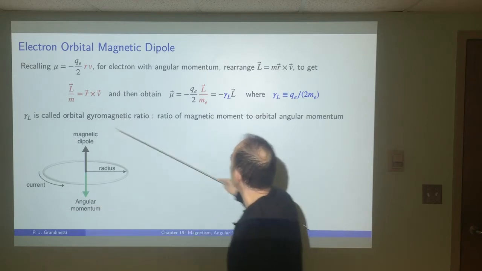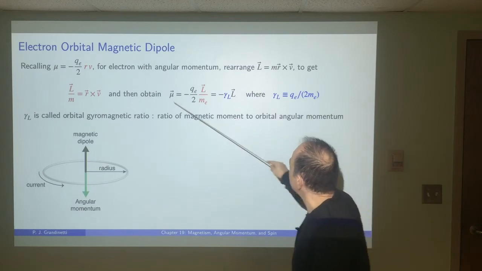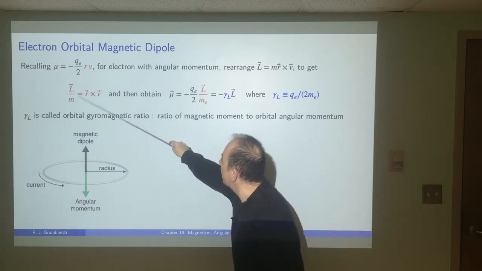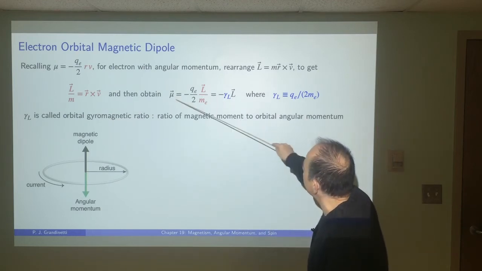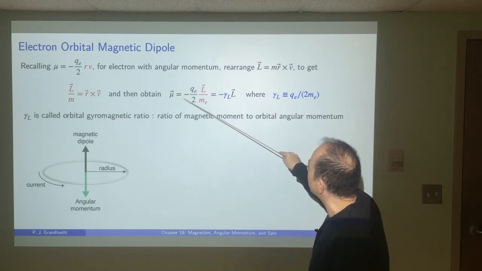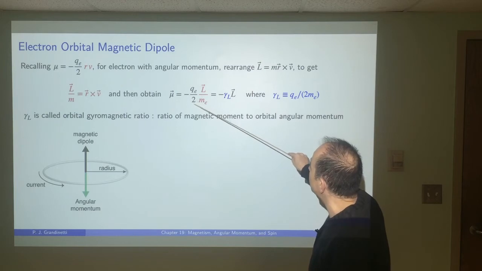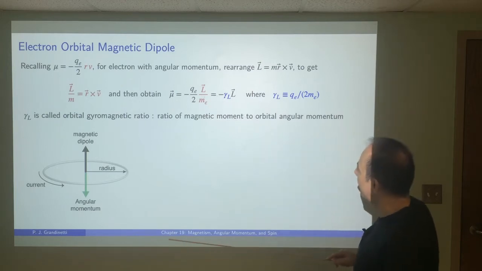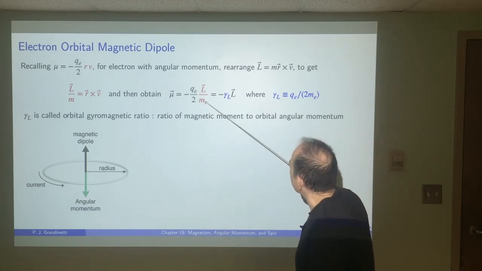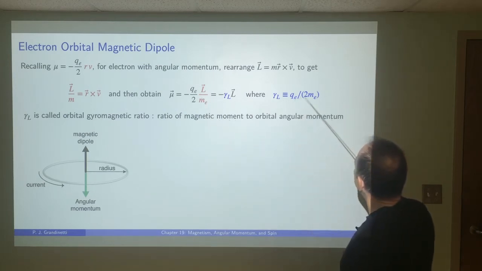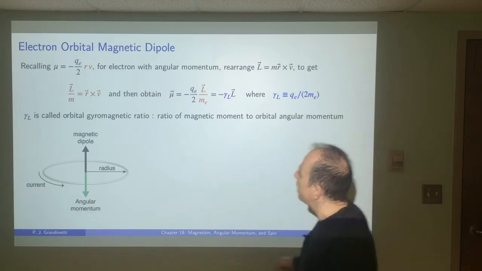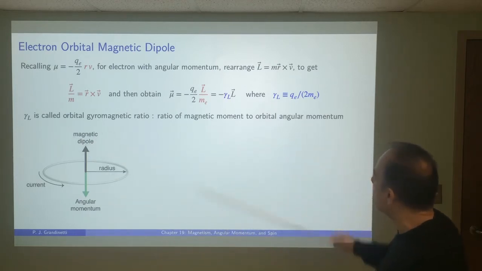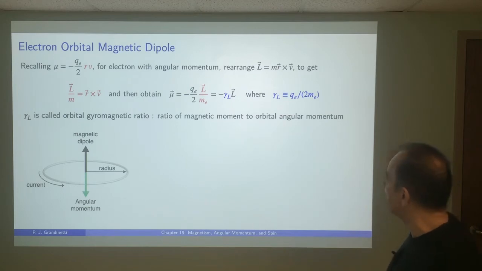Now we're going to take our expression up here and do a little bit of substitution. We're going to replace the RV with L over m, and we're going to get that the magnetic dipole moment vector is equal to minus QE over 2 times the angular momentum vector divided by the mass of the electron. This quantity here, QE over 2me, we're going to regroup and call the orbital gyromagnetic ratio. This is the ratio of the magnetic moment to the orbital angular momentum.